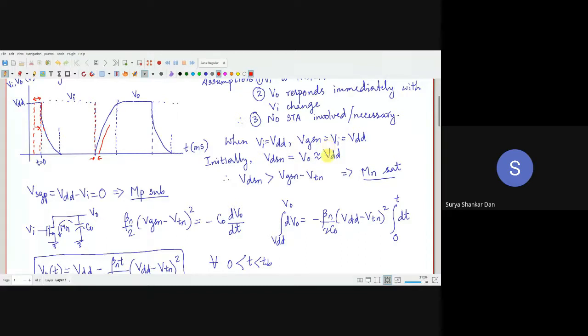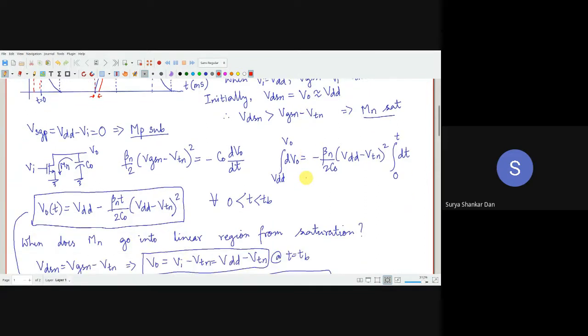Initially MN, that is the NMOSFET, begins in the saturation region. However, very soon VO will fall, this blue line, below VDD, and VO will not be greater than VDD minus VTN anymore.